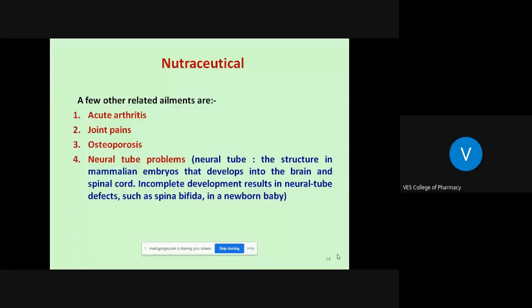Ideally, if there is an incomplete development of the neural tube, the infant suffers from neural tube defect, that is, a newborn baby suffering from neural tube defect, which is scientifically termed spina bifida. In this critical health condition also, nutraceuticals offer greater benefit.